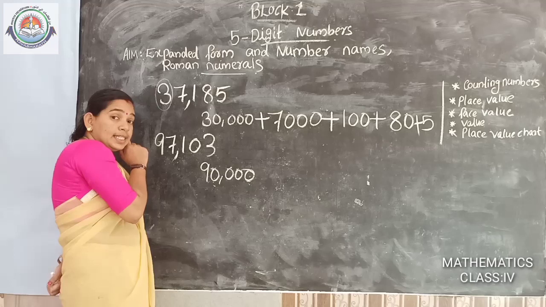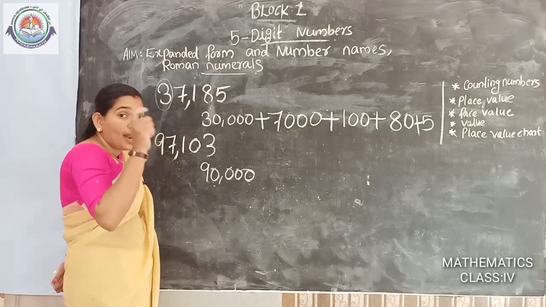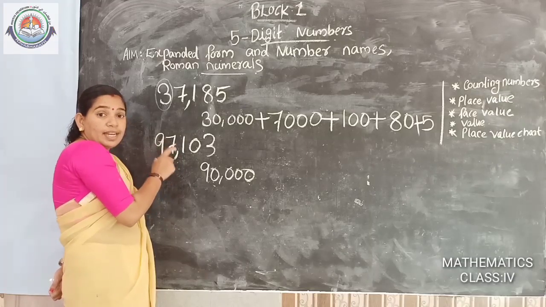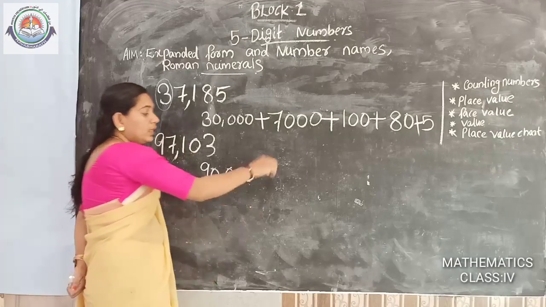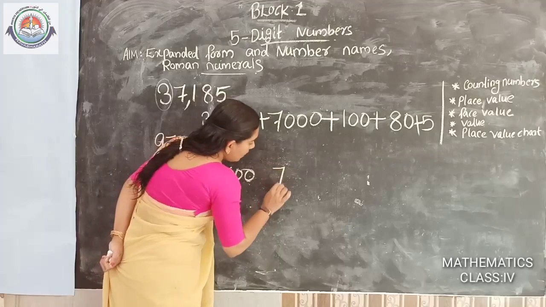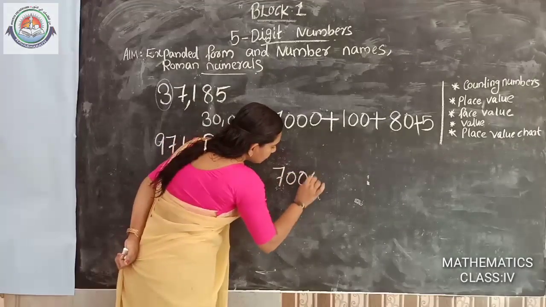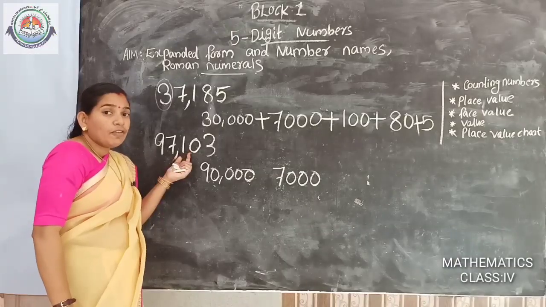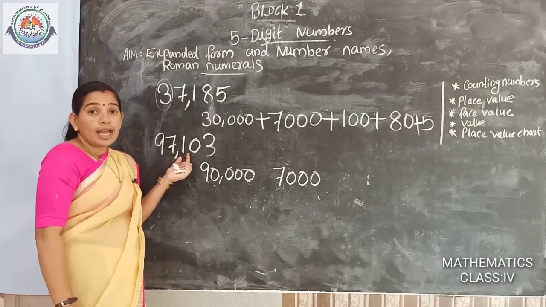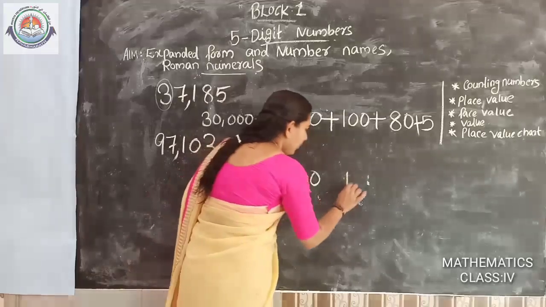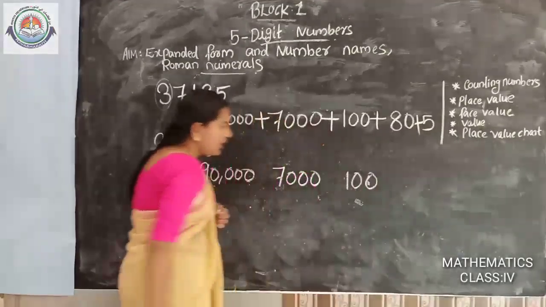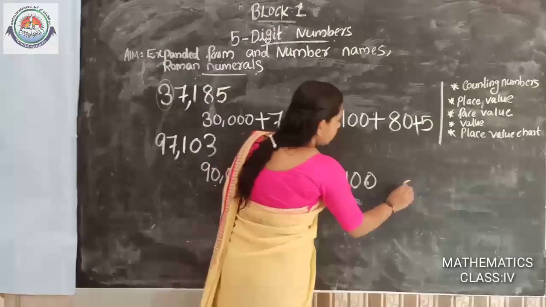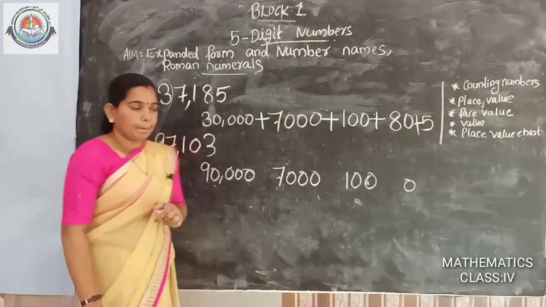In which place is 7? 7 is in the 1,000 place. So the value of 7 is 7,000. Next 1. 1 is in the place of 100. So what is the value of 1? 100. Next 0. 0 is in the position of 10. So we write 0.